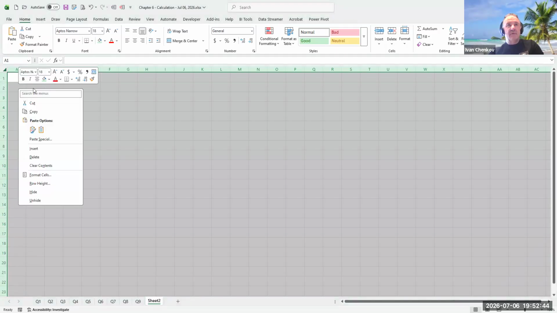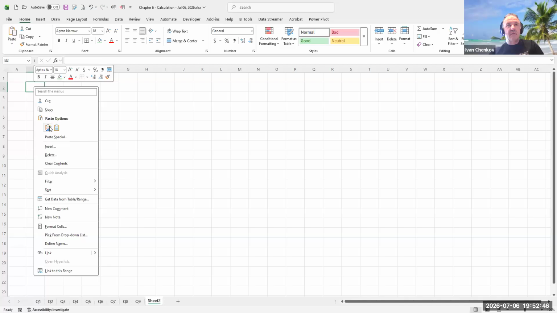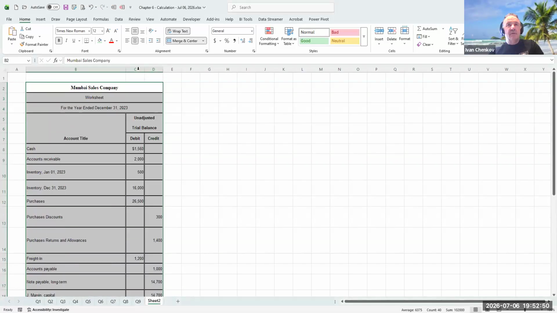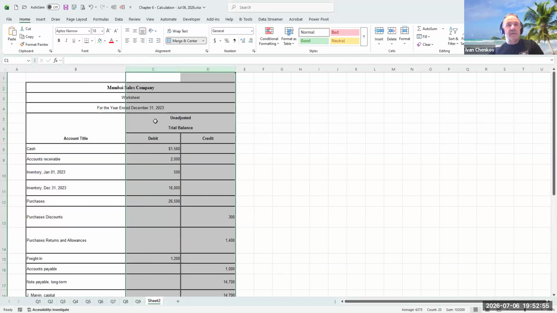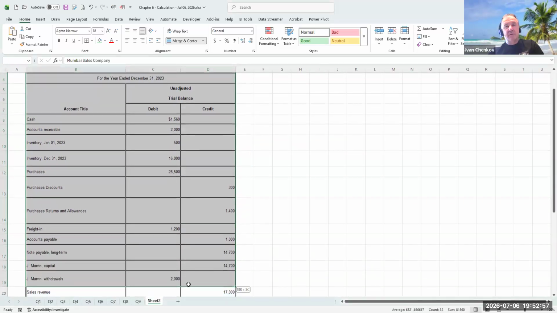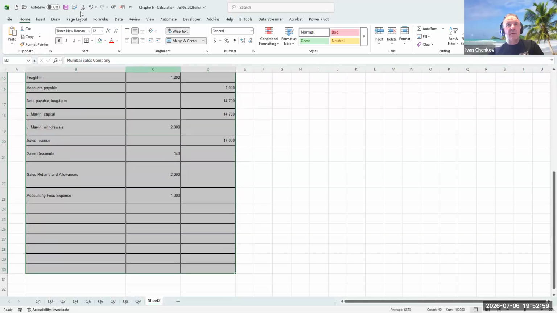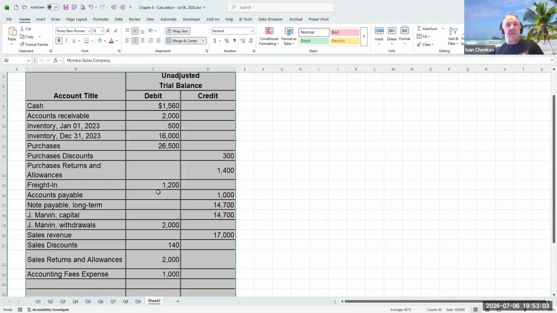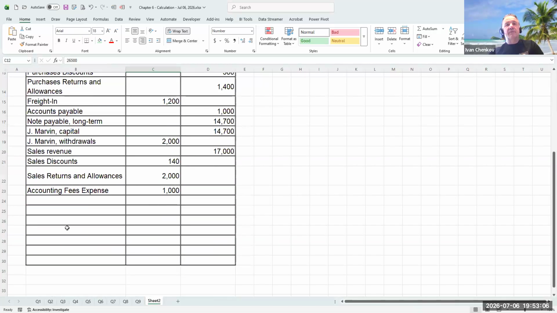Second, let me post the information here and manipulate a little bit more. Increase the size of those letters and numbers, something like 18. And now we have a beautiful Excel spreadsheet with all the information that we need.